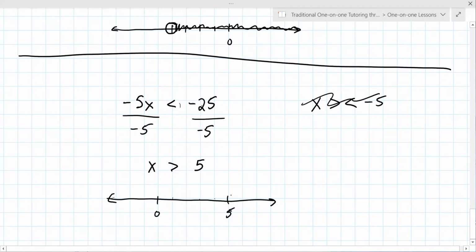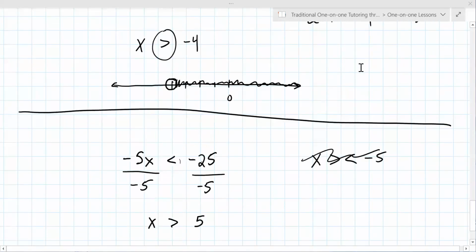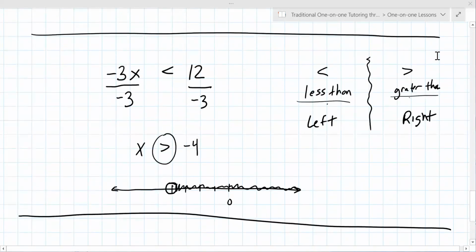Am I shading to the right of that or the left of that? Left of that. But it's greater than. So we just wrote that. It has to go right. It goes right. You have to have this down in your notes.